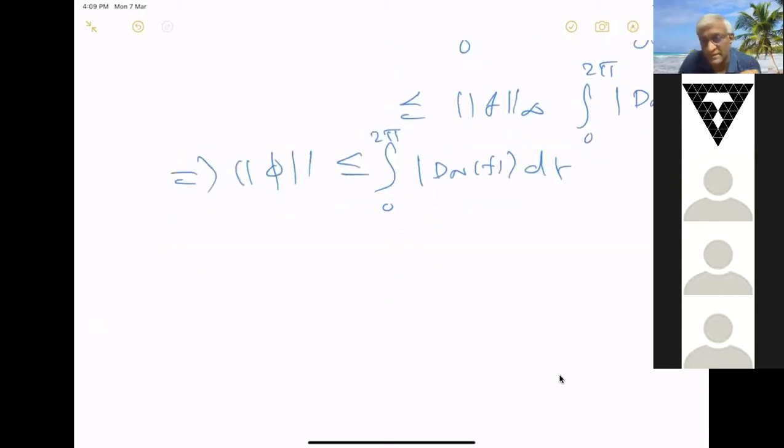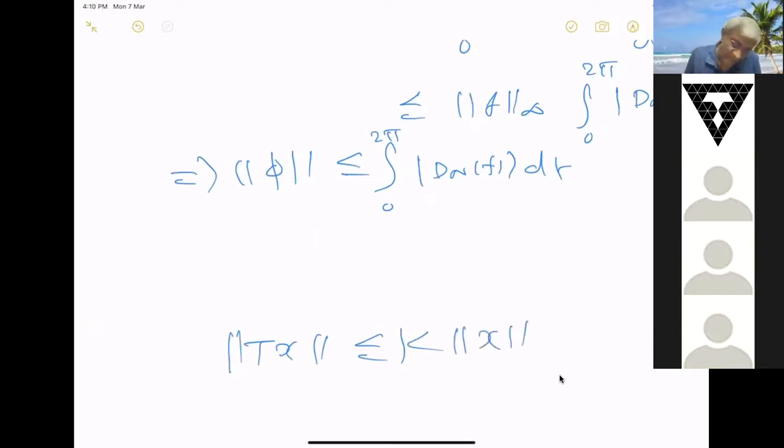We want to prove it's actually equal. This is how we usually compute the norm of a linear functional or linear operator. We will first show that norm of Tx is less than or equal to some k times norm x. Then that will imply that the norm of T is less than or equal to k. Then we will prove that the supremum is attained there.